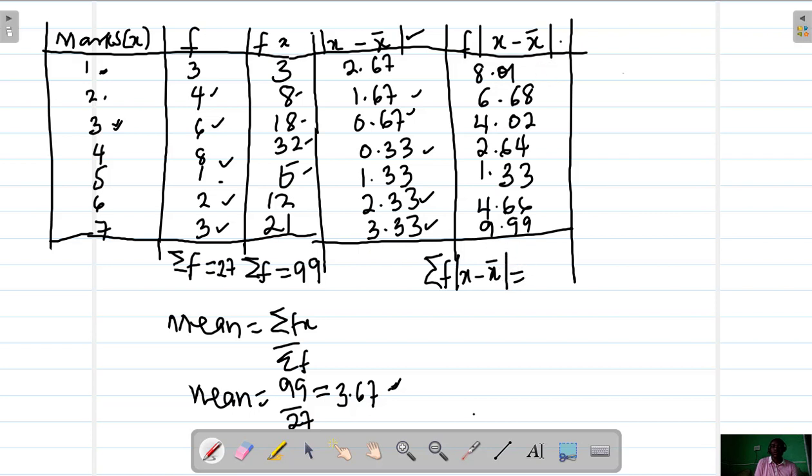Then find our sigma f absolute of x minus x bar. So we sum all the numbers here, then you write the final result as sigma f absolute of x minus x bar.